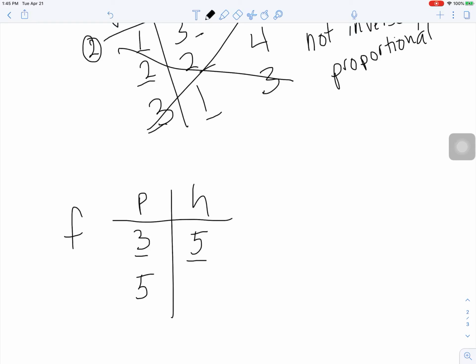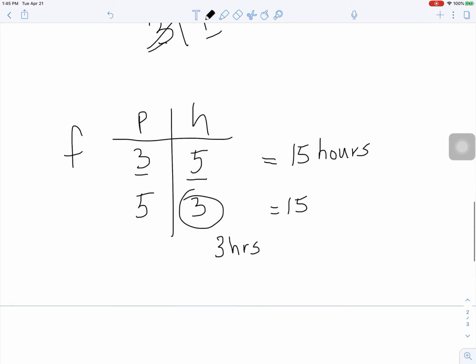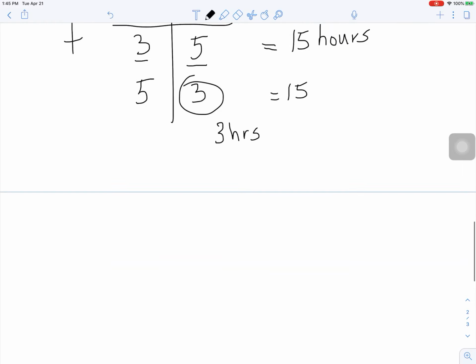This is inversely proportional. So if we grab the 3 and we multiply it by the 5, we get 15 hours. The same thing works here. So we know that we have to equal 15 on this side, and you'll see that the solution is it's going to take them 3 hours.